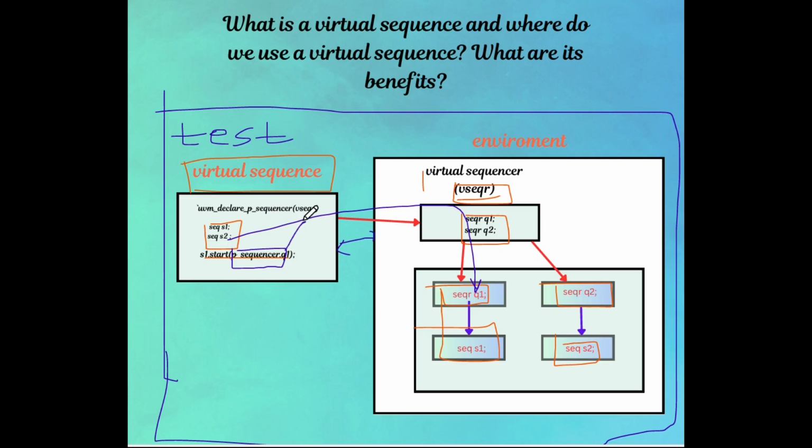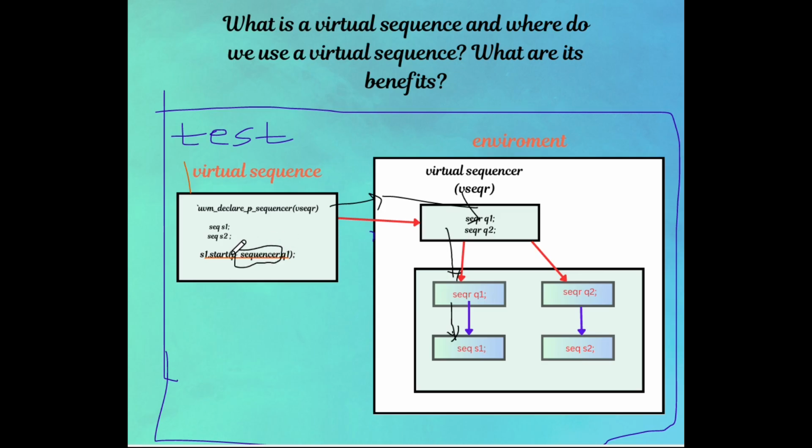The virtual sequence can connect to the virtual sequencer, but it cannot run the Q1 sequence because the virtual sequencer is inside the environment class, and the environment class can connect to these two classes. This is the agent where sequence 1 and sequence 2 are, and sequencer 1 and sequencer 2 are. For connecting these 1, 2, 3 and then 4, these four paths, we need p sequencer.